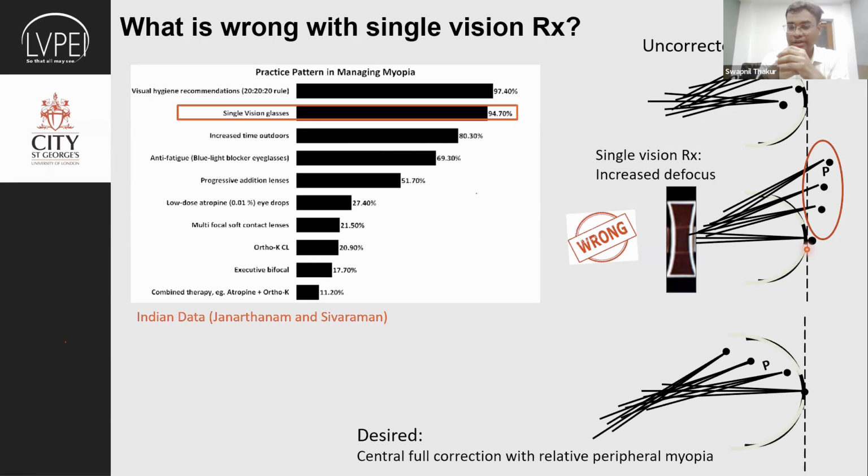So what is the desired way to control myopia? Basically, we want the central portion to be corrected. However, the peripheral rays should focus in front of the retina instead of behind it. That's the desired outcome that we want.